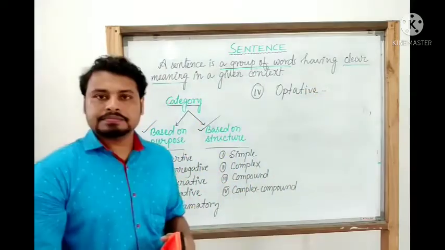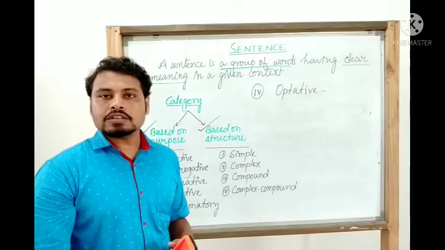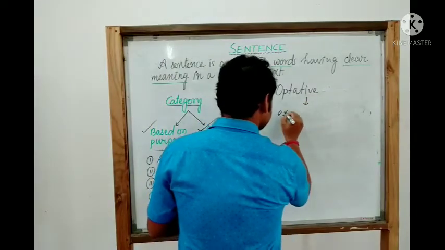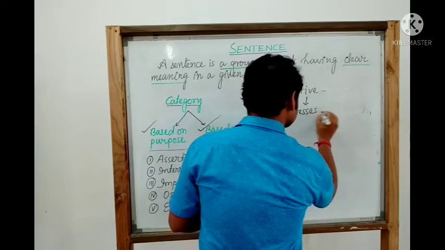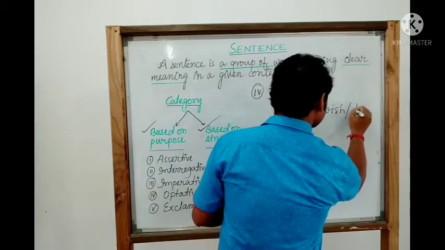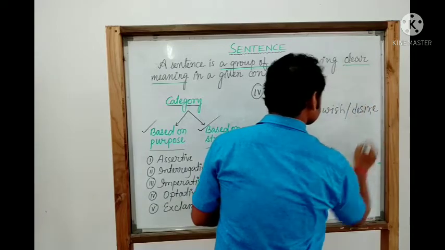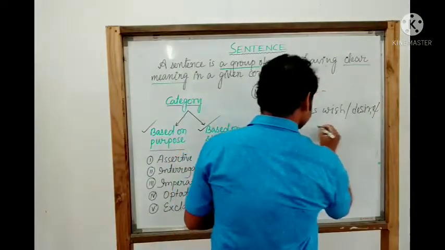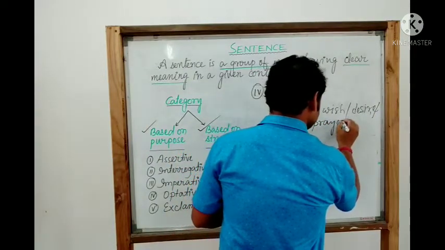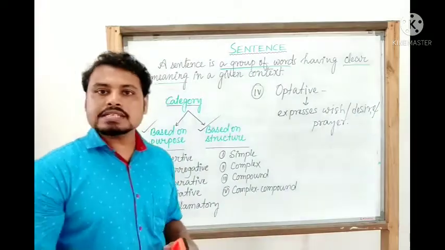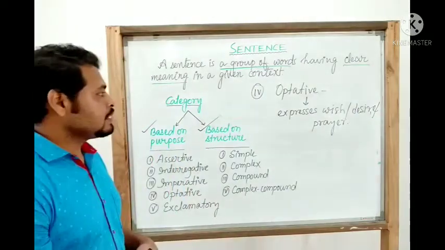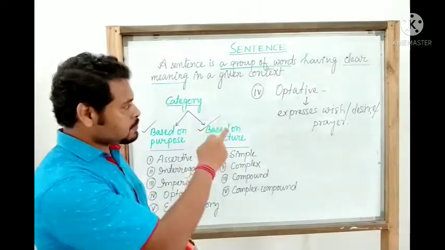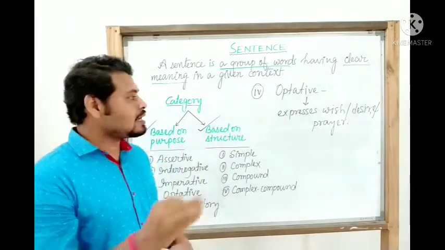Optative sentences are those sentences that express wish or desire or prayer. An optative sentence is a sentence that expresses wish or desire or prayer.